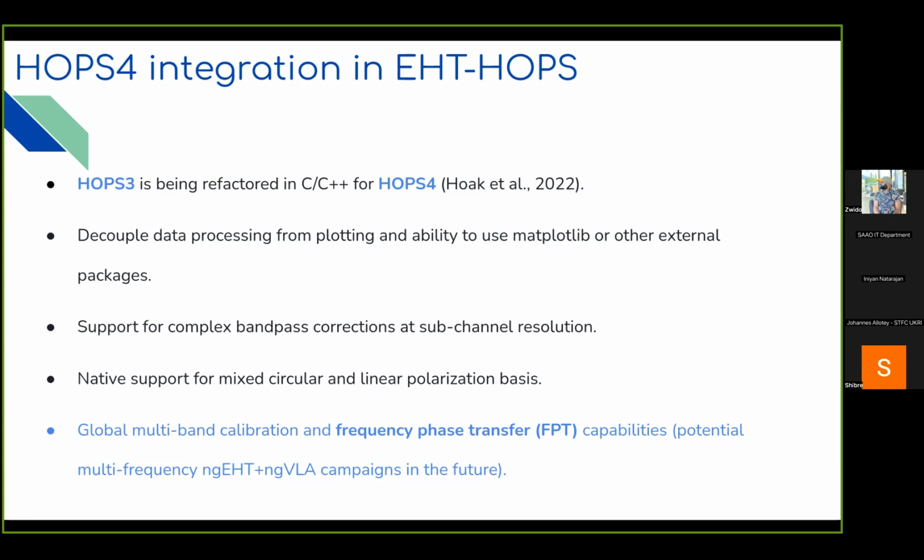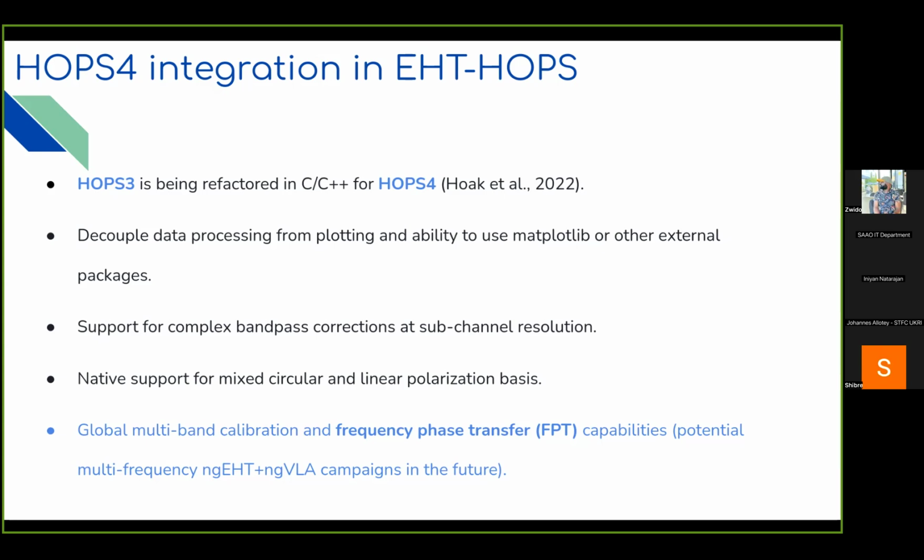And also there will be native support for mixed circular and linear polarization basis. So a lot of workarounds that we have implemented for mixed pol data analysis can just be moved to HOPS 4.